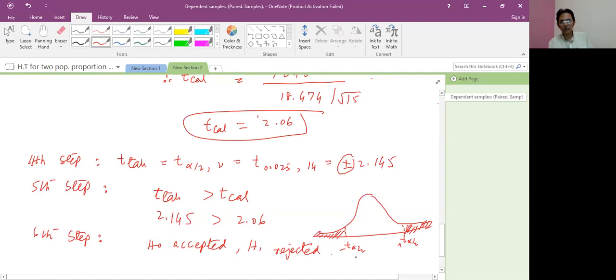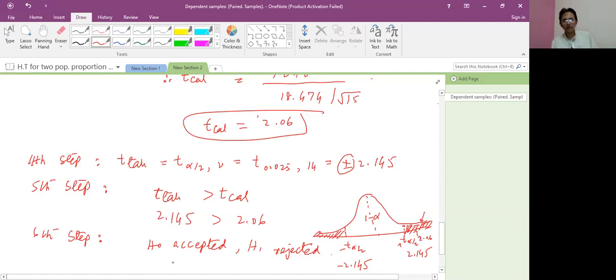But student, t alpha by 2 is minus 2.145 and 2.145, and the value here is 2.06. So is it lying in this region or not? 1 minus alpha is the acceptance region. 2.06 is lying in this region.